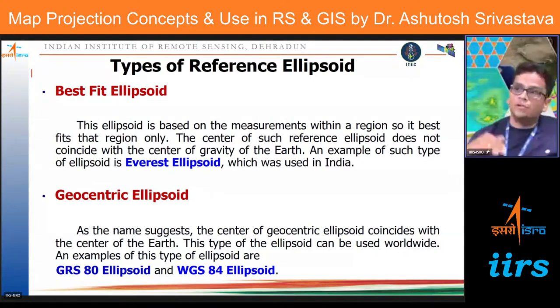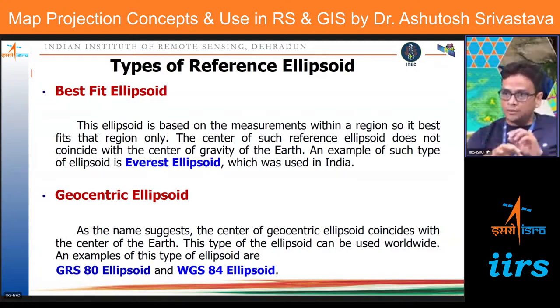So at that time, people did manual surveys, used local information, and developed the ellipsoid. Since limited information was used to develop these ellipsoids, those ellipsoids or datums were more useful for that particular area only.